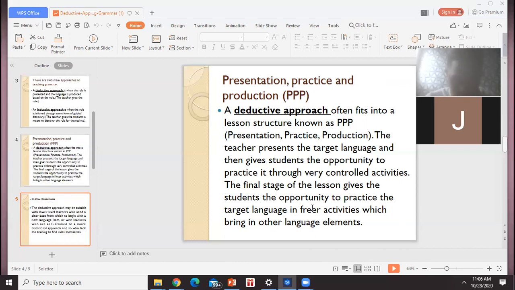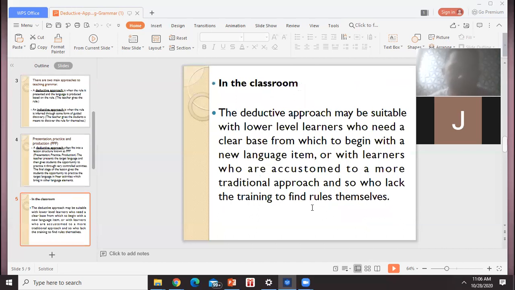In the classroom, the deductive approach may be suitable for lower level learners who need a clear base from which to begin with a new language item, or for learners who are accustomed to a more traditional approach and lack the training to find rules themselves. Lower level learners are those who need to clarify things in the rules.